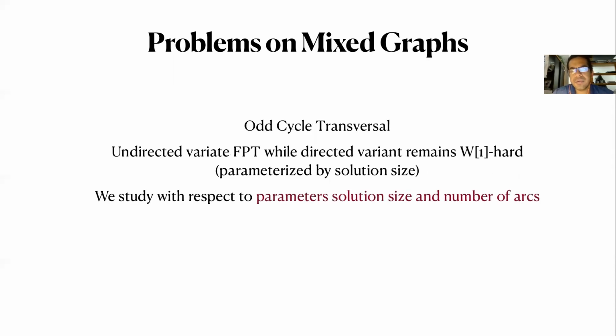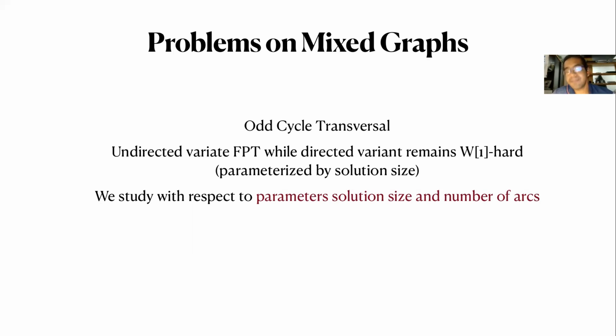We tried to have a similar approach for odd cycle transversal, parameterized by the solution set size, but we do come across a very big problem. The problem is that even though odd cycle transversal in undirected graphs is fixed parameter tractable, its directed variant remains W[1]-hard, parameterized by the solution set size.